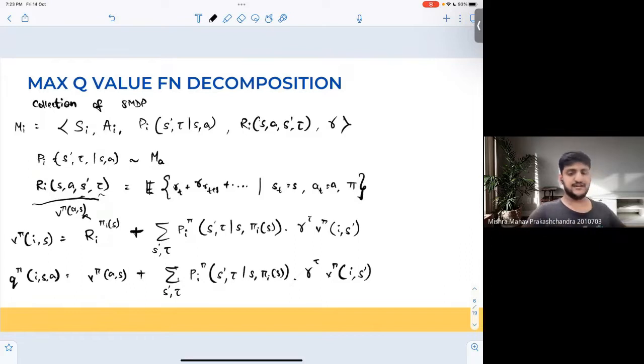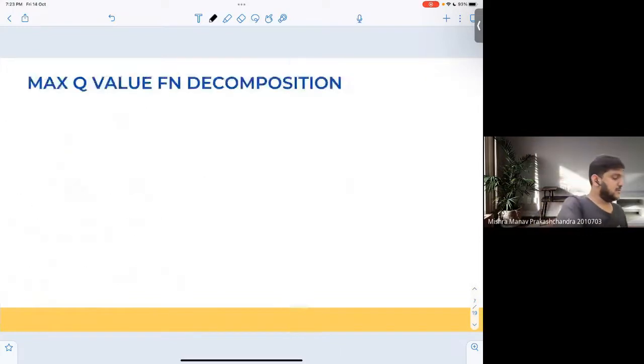So this is how my value function for each state and the q function for each state action pair looks like.